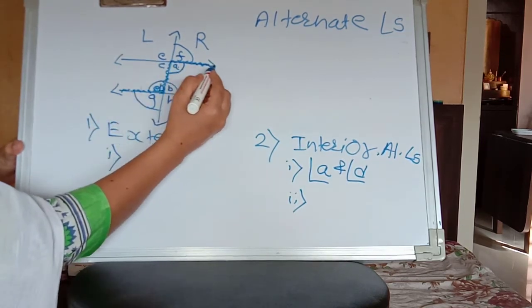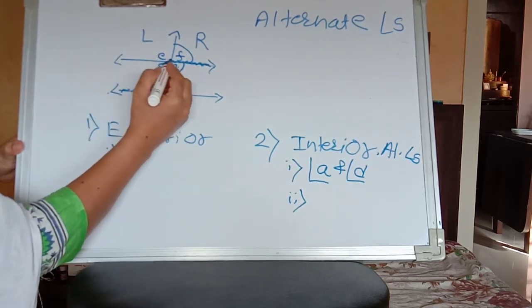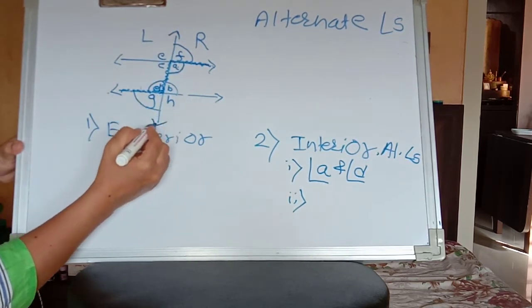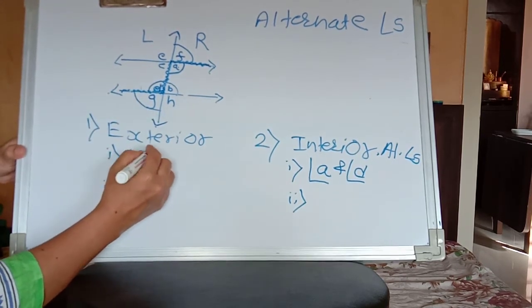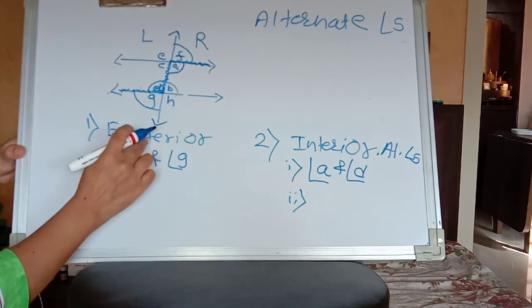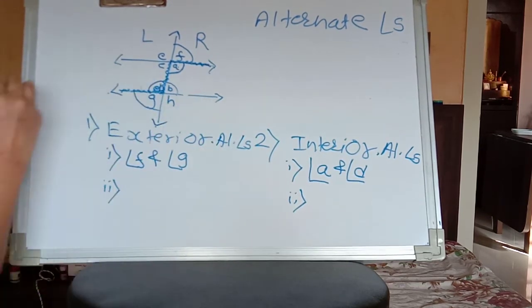One arm is on the right hand side, one on the left. One arm is upward, one is downward. So angle F and angle G are exterior alternate angles.